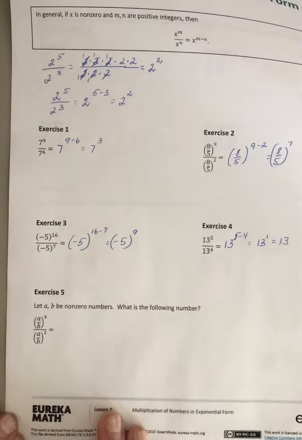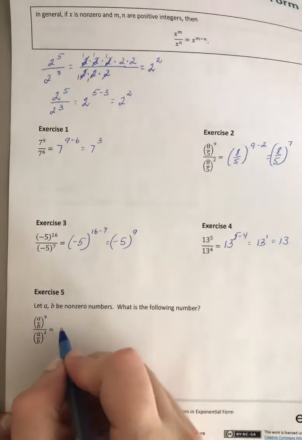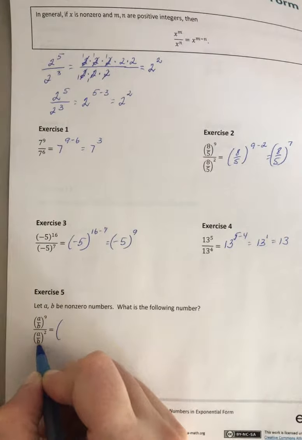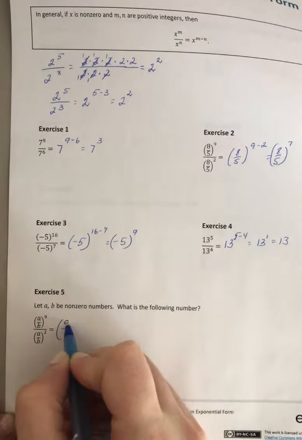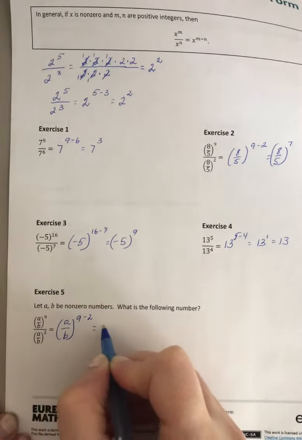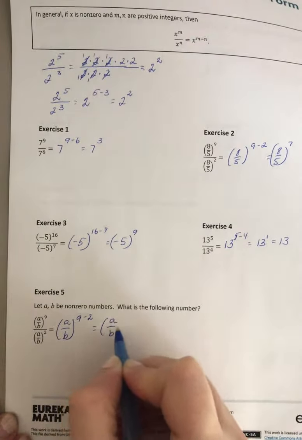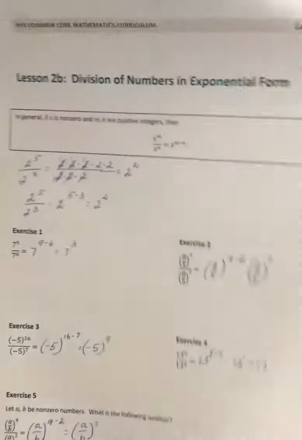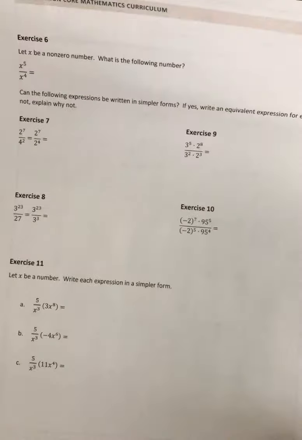Exercise 5. Now we are working with variables, but it's the exact same thing. A over b to the 9th divided by a over b to the 2nd makes it a over b to the power of 9 minus 2, which is a over b to the 7th power. Okay.